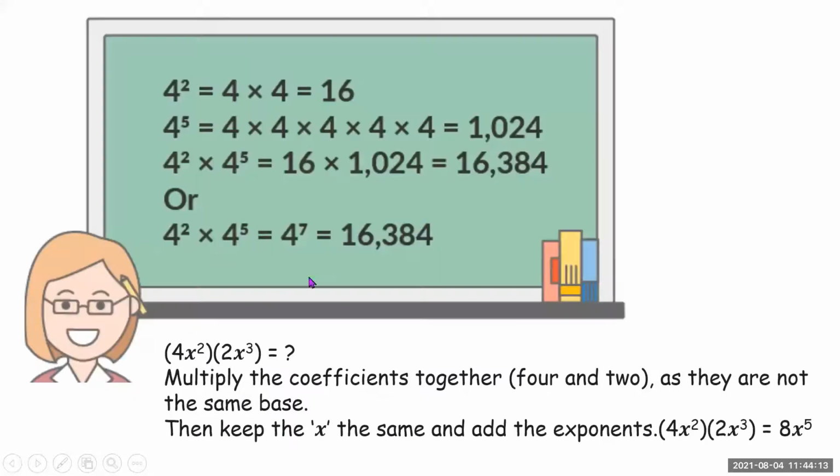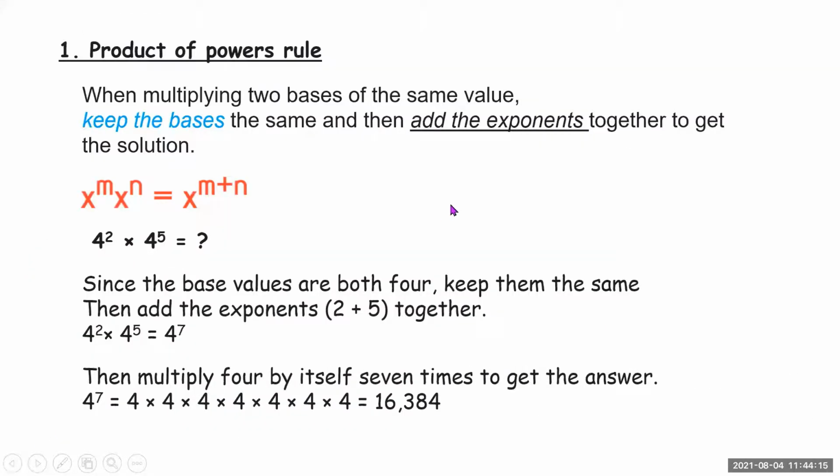So the first law, there are 7 laws of exponents. The first one is the product of powers rule. Product of powers, so multiplication is involved here. Let us see what it is. When multiplying two bases of the same value, we keep the base value the same and then add the exponents together to get the solution.